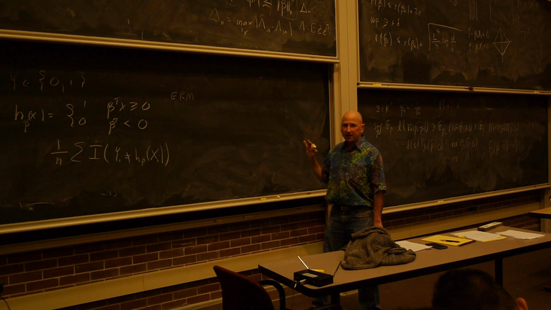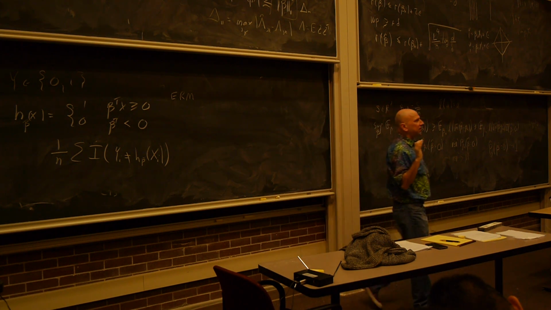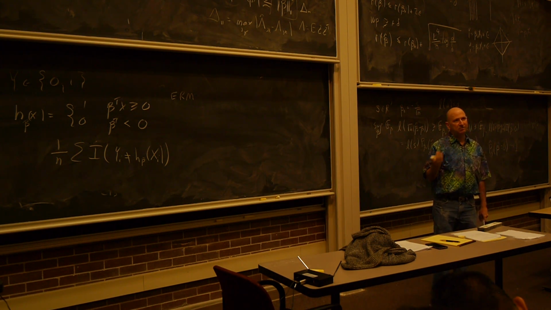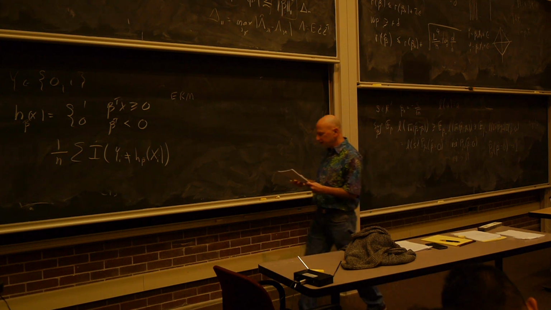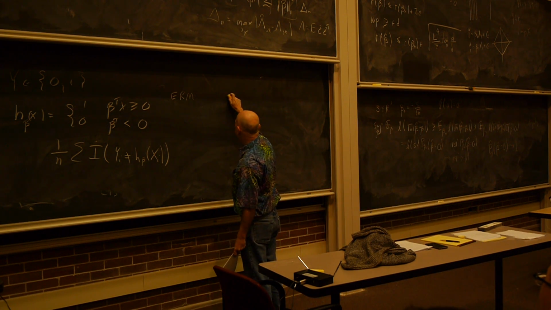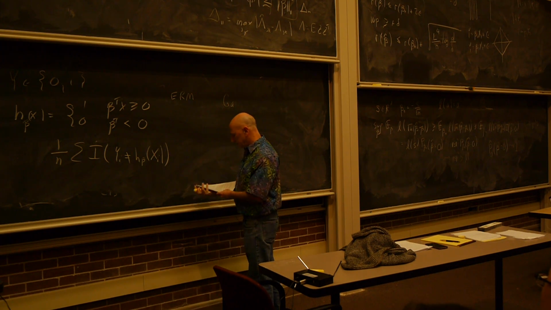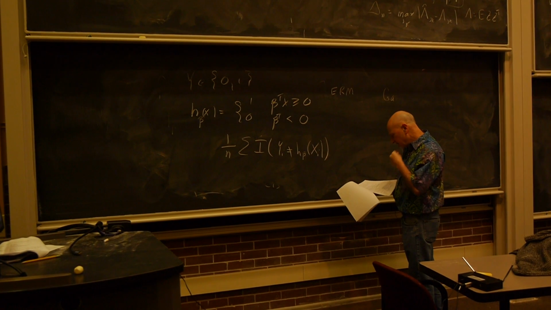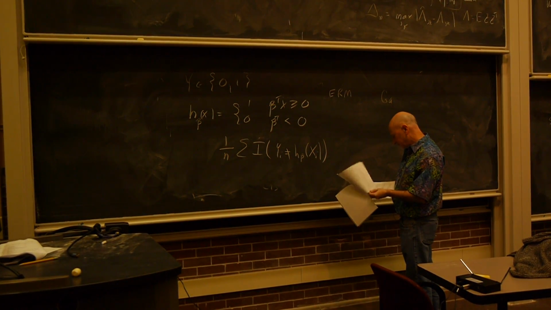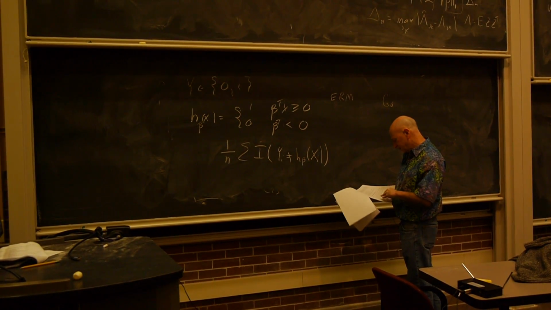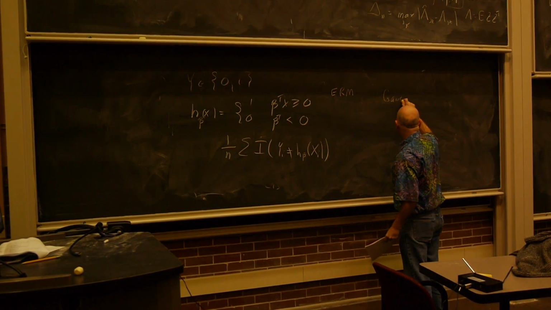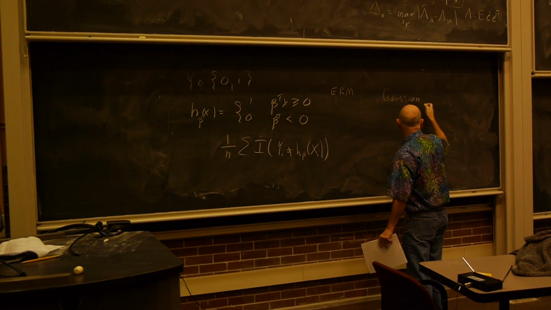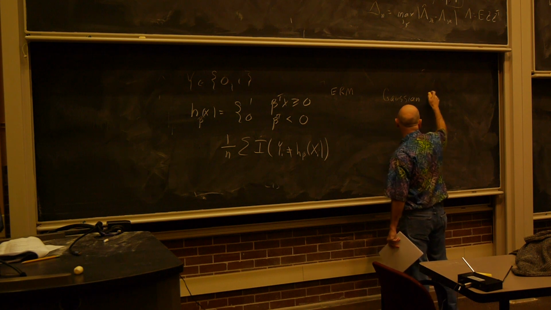But let me just first make a list of all the different ways I can think of getting linear classifiers, because empirical risk minimization certainly isn't the only one. So, Gaussian discriminant analysis, or linear discriminant analysis.